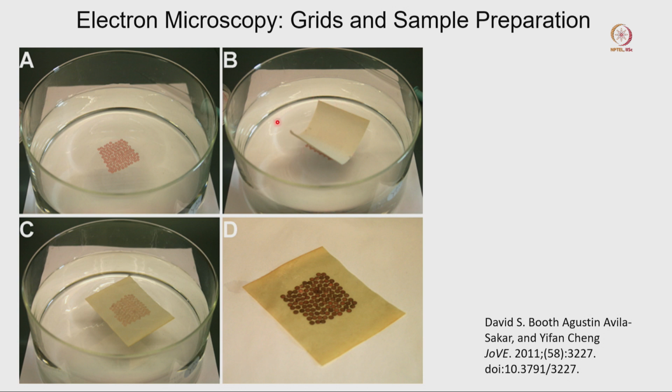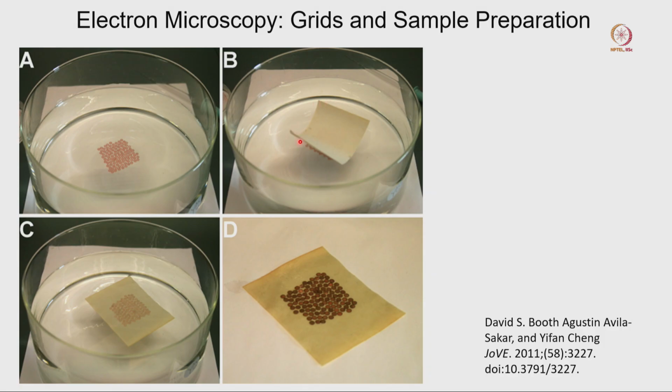When you put this paper, what will happen? In between this paper and the plastic layer, you have all the grids. The paper will be flat after half an hour, 45 minutes, and then cut the rest of the formvar plastic from here using a blade, and then pick up these things very gently.